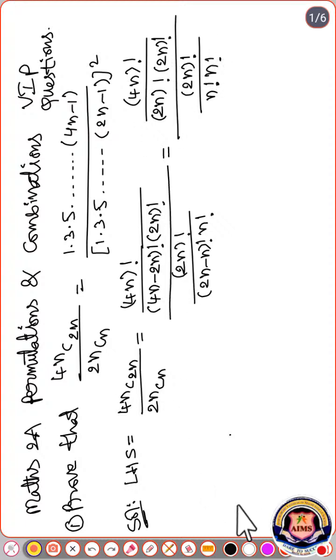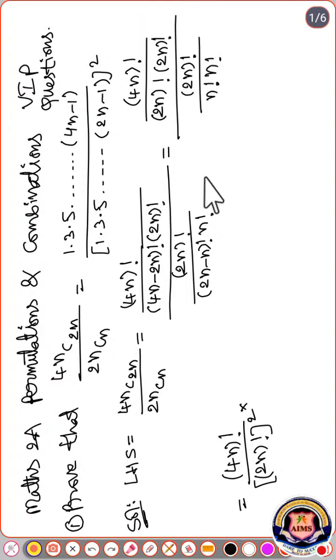So this value can be written as 4n factorial divided by 2n factorial into 2n factorial, that is 2n factorial whole square, into the denominator value going to the numerator: n factorial into n factorial is n factorial whole square, divided by 2n factorial.